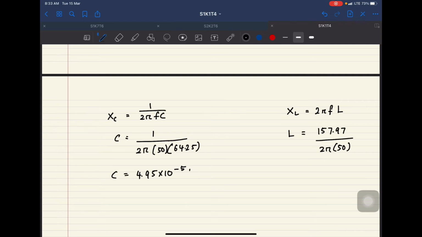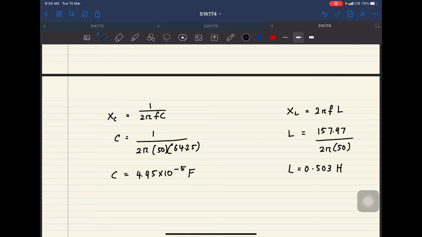And the unit will be in farad because this is capacitance. Inductance you should get 0.503. And the unit will be in Henry.